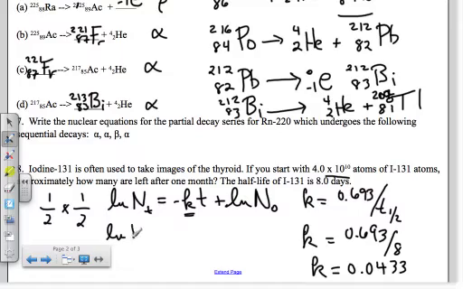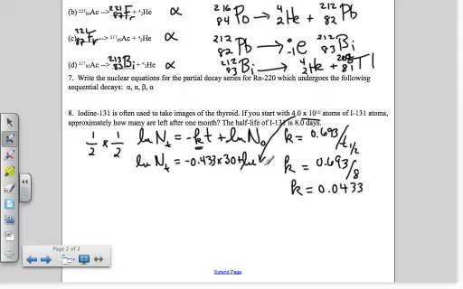I want to know how much is left after time t, so that's what I'm solving for. So minus 0.0433 times a month. I'm going to go with 30 days. You could change it. Plus the natural log of the 4 times 10 to the 10th.